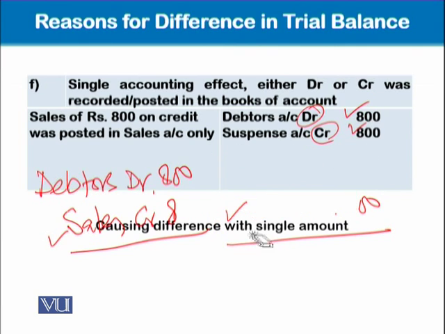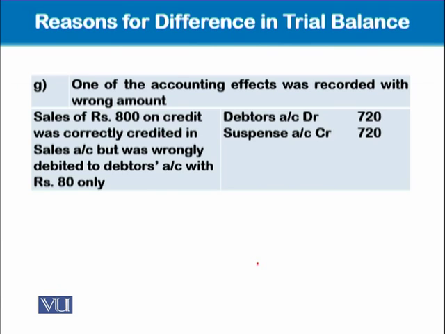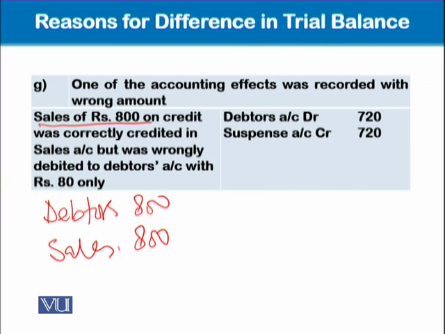So what we can see is that there is a single effect that is causing the difference. Okay, the next thing is, one of the accounting effects was recorded with wrong amount. Again the example is sales of 800. The debtor account was supposed to be debited with 800 and sales account was supposed to be credited with 800.